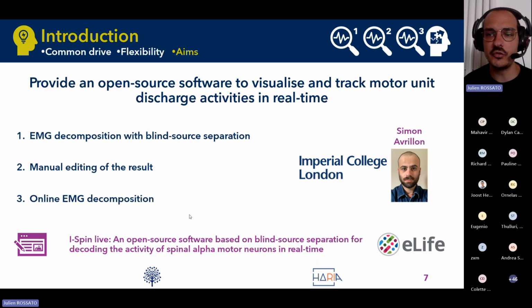To introduce iSpin, I will start by describing the algorithm used to decompose the EMG signal. Then I will discuss an important step, the manual editing of the result. And finally, I will present the performance of real-time EMG signal decomposition by our software.